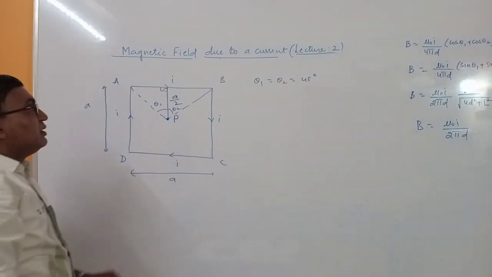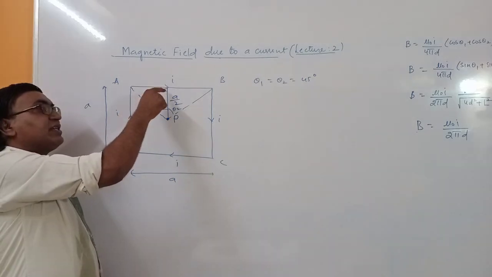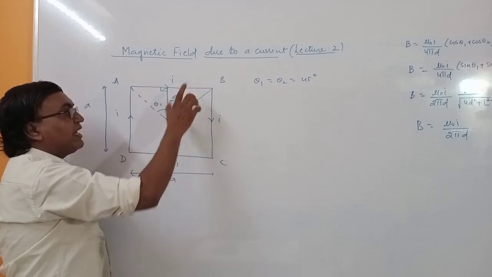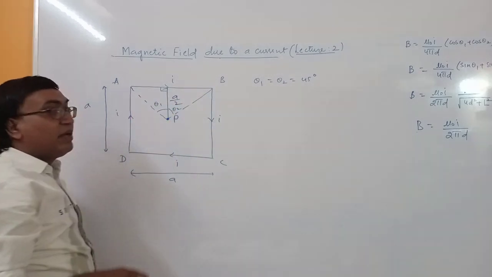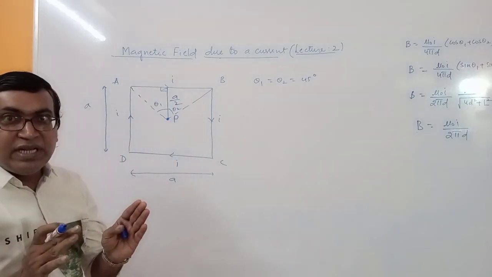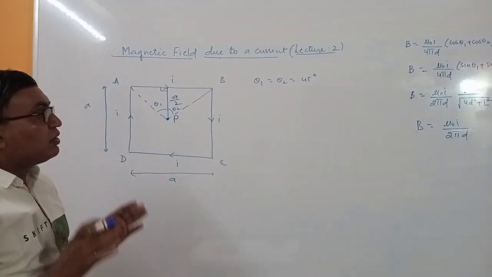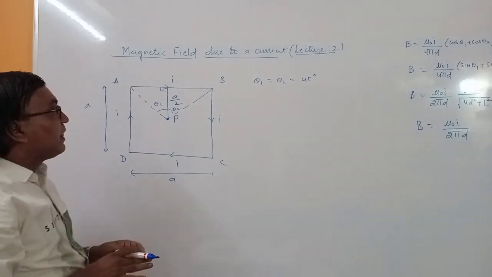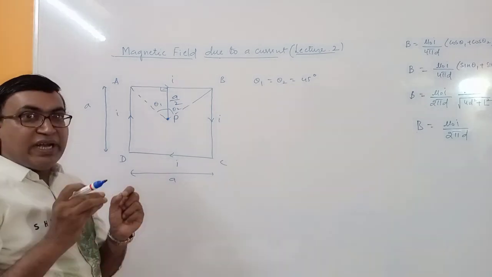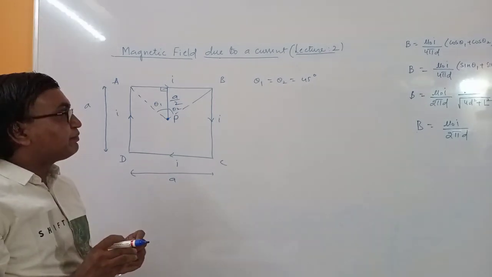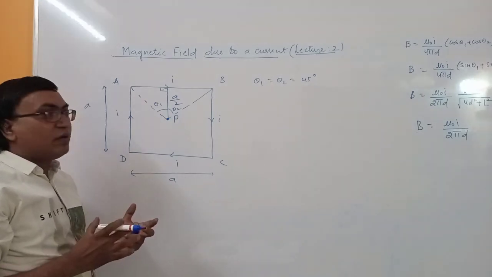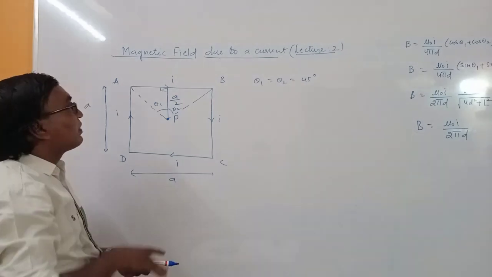Okay. So what is the field direction due to this current carrying वायर AB. AB वायर के वजह से फील्ड किस तरफ है? बिकॉज magnetic field is a vector quantity. So you have to be very careful with the directions. So because vectors are not added like algebraically, so they will follow a vector addition rule.